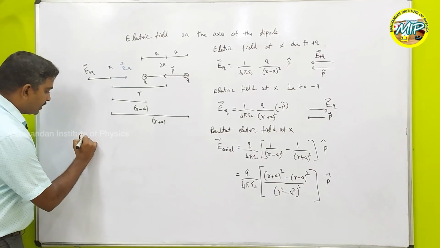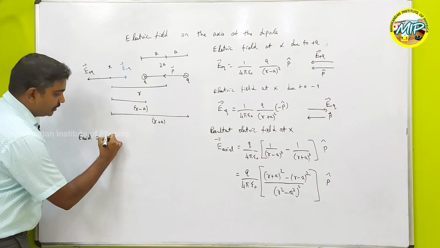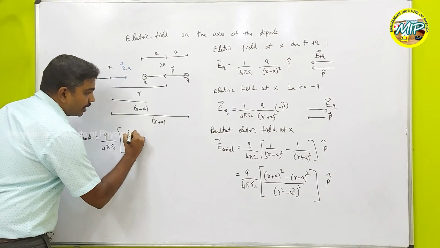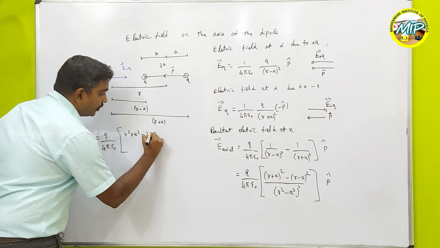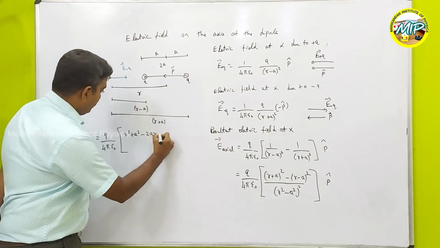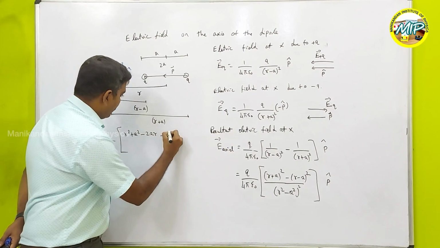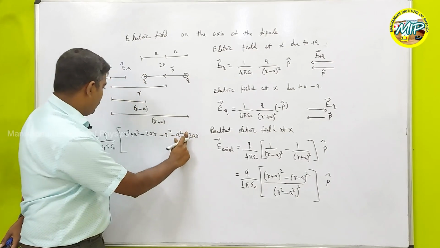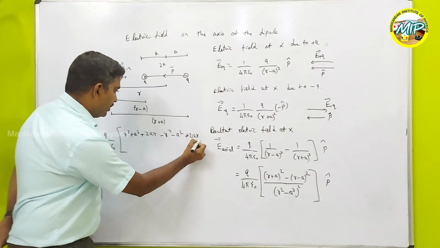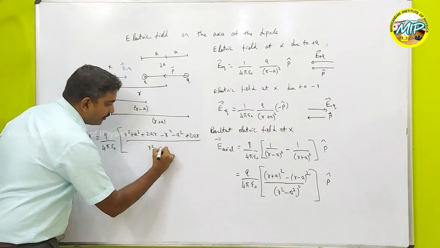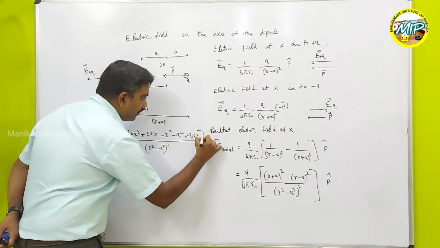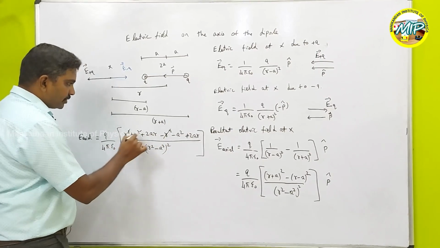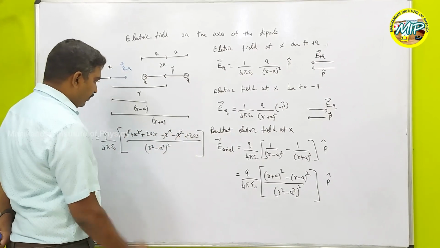So E axial equals q by 4 pi epsilon naught, (r square plus a square minus 2 into a into r), and then minus (r square minus a square plus 2 into a into r). This is plus and this is also plus, divided by (r square minus a square) the whole square. So in this case, my r square gets cancelled, a square gets cancelled, and we have 4ar.